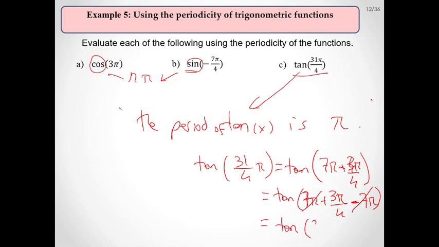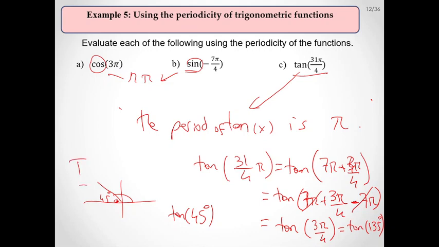So what is tangent 3 pi over 4? You can calculate this one. This will be tangent 135 degrees, and it will be in the second quadrant. Go to the reference angle, that's 45 degrees. It will be equal to tangent 45, but here the tangent is negative, so we get minus tangent 45 degrees, which is equal to minus 1 over square root 2.